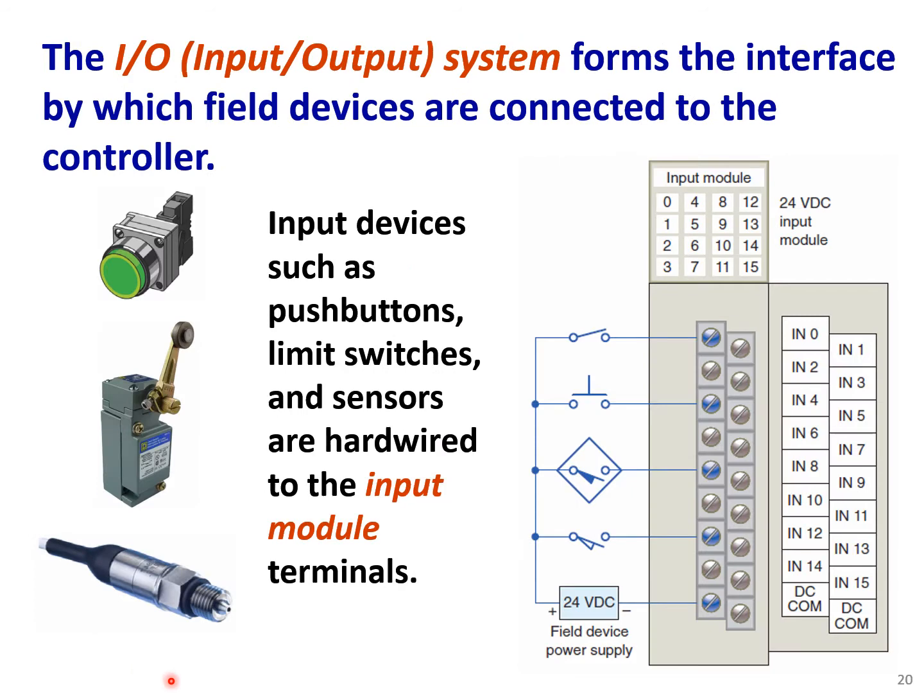The I/O input-output system forms the interface by which field devices are connected to the controller. So here we have an input module, and here we have some field input devices. Input devices such as push buttons, limit switches, and sensors are hardwired to the input module terminals.